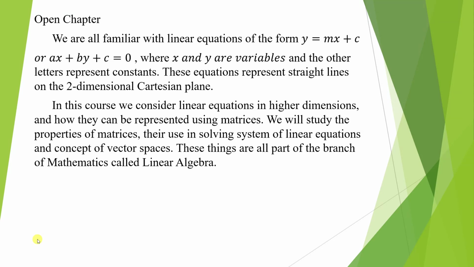So when we have linear equations in 3 or 4 variables, we get a system of linear equations, and how they can be represented using a matrix. We will study the properties of matrices. They are used in solving systems of linear equations and in the concept of vector space. These things are all part of the branch of mathematics called linear algebra.